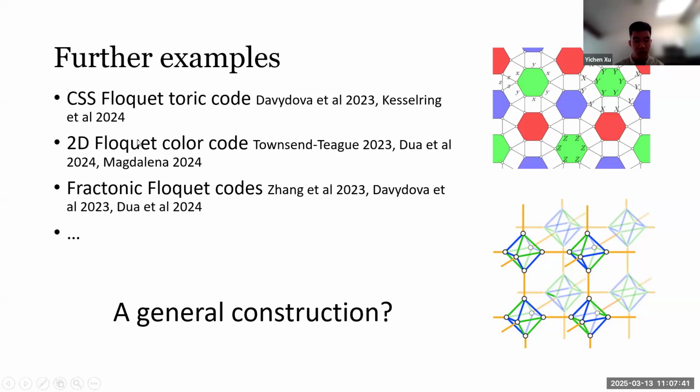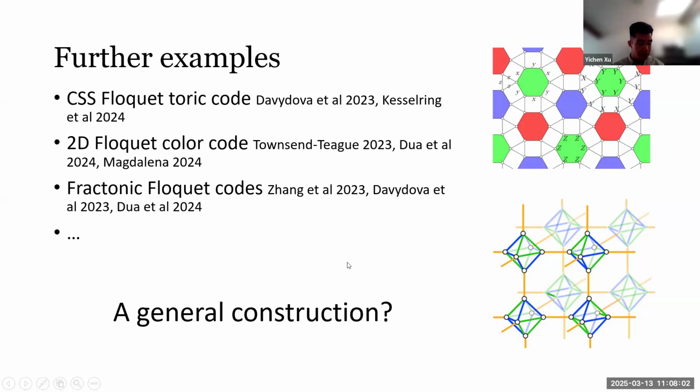We also have the 2D Floquet color code, whose ISG is a color code instead of a toric code. And we also have fractonic Floquet codes in three spatial dimensions, whose ISGs are either X-cube or checkerboard. These are fractonic codes with extensive logical qubits.